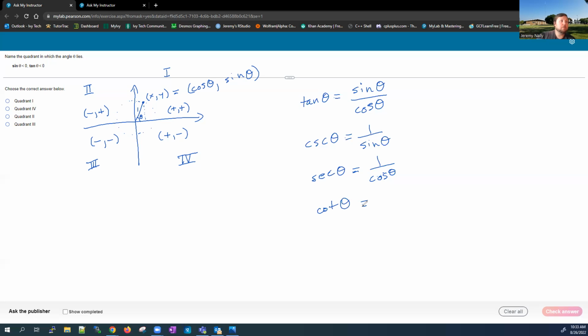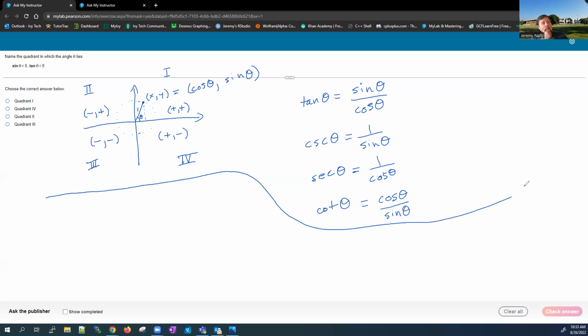Now you could think of this as 1 over tangent, or you could think of this as cosine theta over sine theta. And for the purpose of this trick, it helps to think of it like that, because you can just go right back to thinking about it in terms of the x and y. All right.